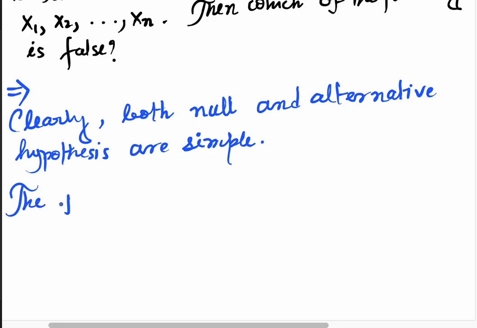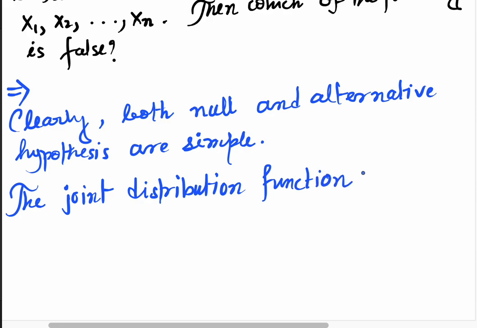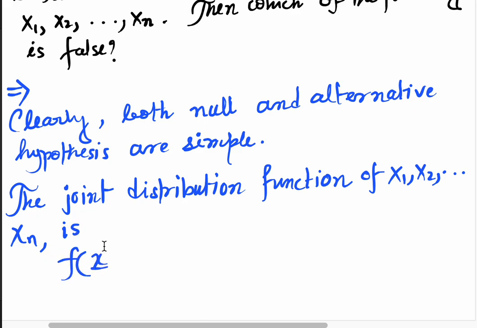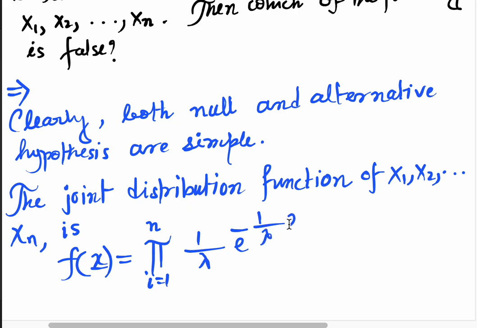The joint distribution function of x1, x2, ..., xn is f of x bar is product i equal to 1 to n of 1 by lambda e to the power minus 1 by lambda xi.